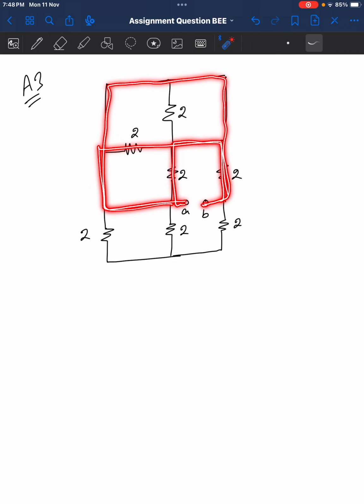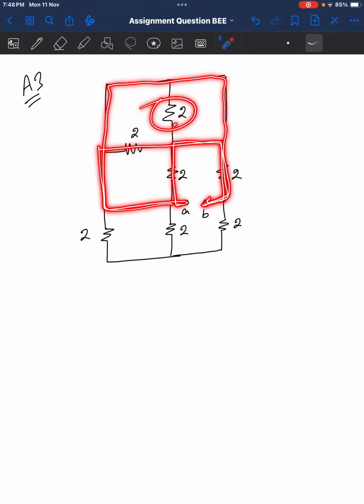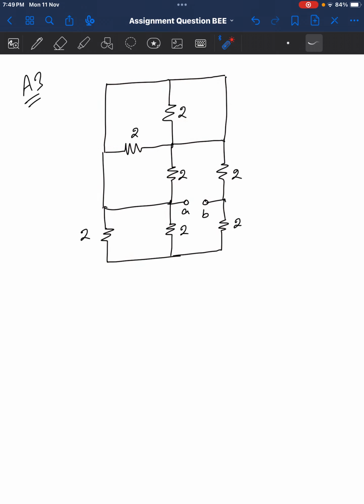Another option is you can go here, come this way and come here. But no way is it going through this 2 ohm resistor. Similarly, the current can go here and come here and reach here. So this 2 ohm is out. Let us remove it. Okay, the rest is there.